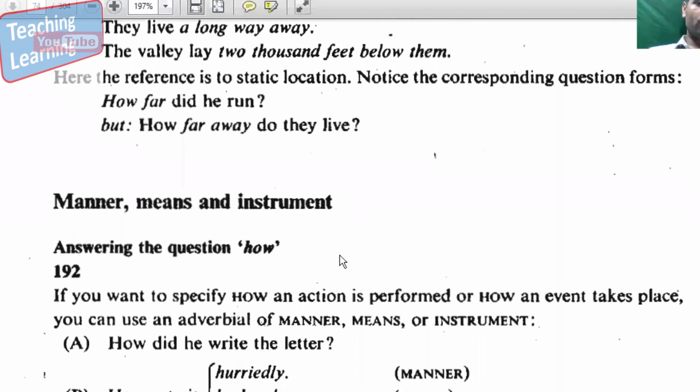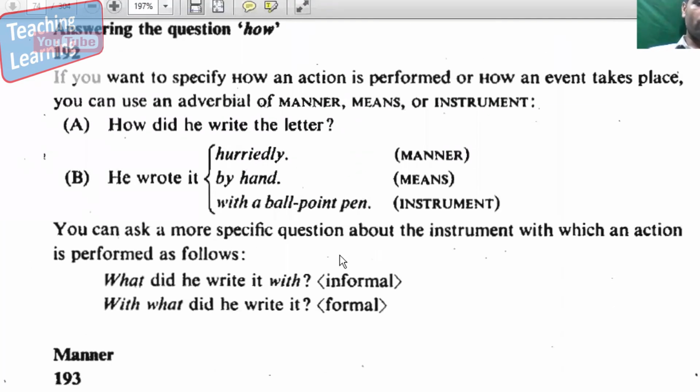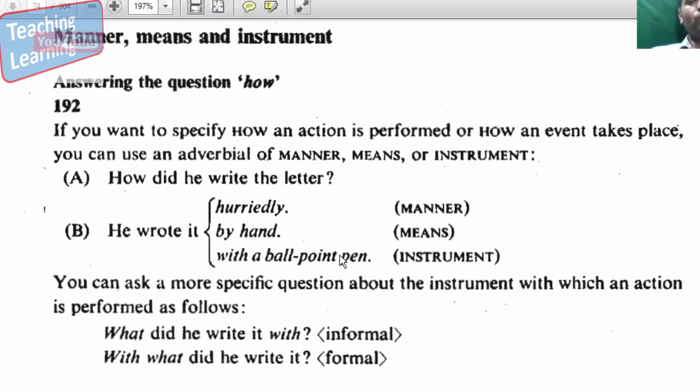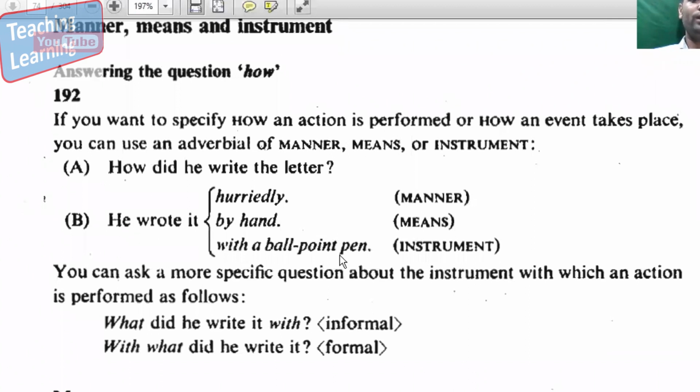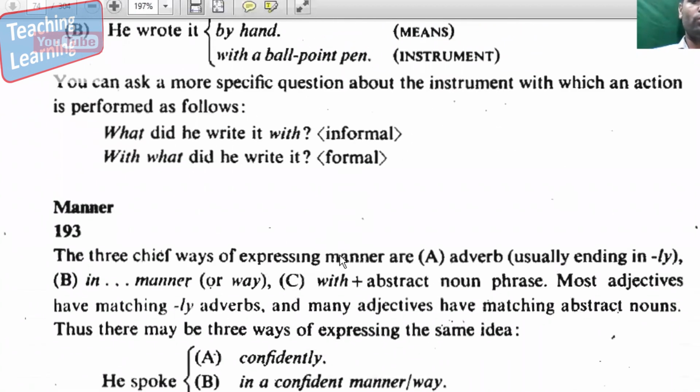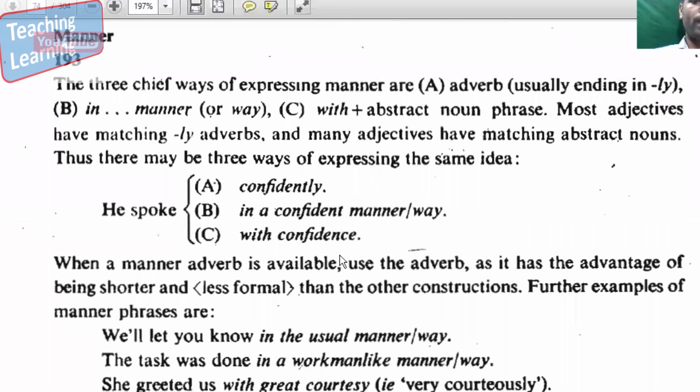Manner, means, and instruments, mostly the question how. Whenever we talk about manner, means, and instruments, as I have discussed, he wrote it hurriedly, slowly, very fast. That's the manner. By hand, with a ballpoint pen: those are instruments.